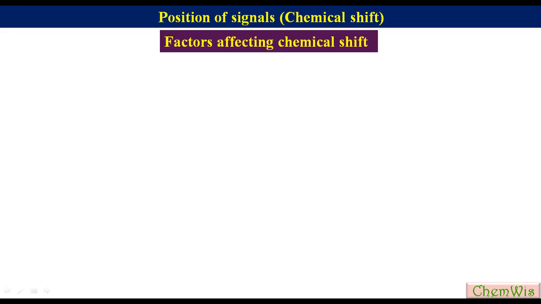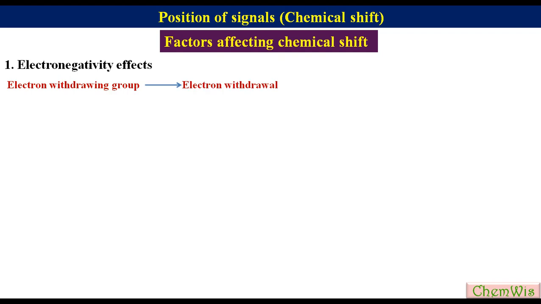Now we will discuss factors affecting chemical shift. There are several factors that affect chemical shift. We will discuss them one by one. Electronegativity. Electron withdrawing groups, when attached to another group, withdraw electrons, which causes deshielding.